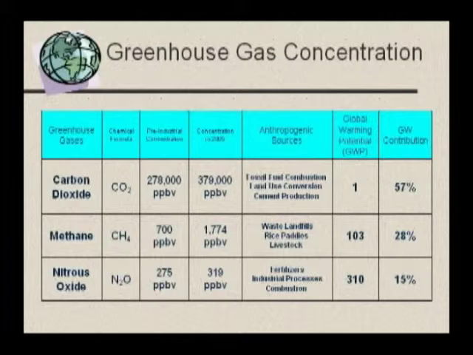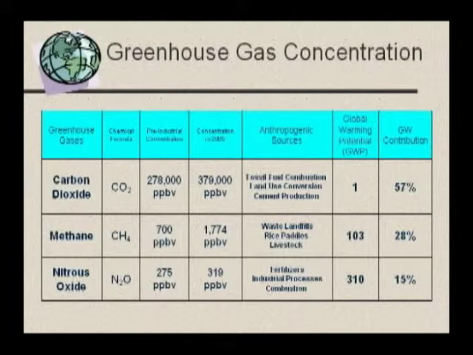You can see, like I mentioned earlier, the carbon dioxide is quite a bit more than the methane or the nitrogen oxide. And the main sources of each of those gases: carbon dioxide is from the fossil fuel combustion, land use conversion, and cement production, believe it or not.